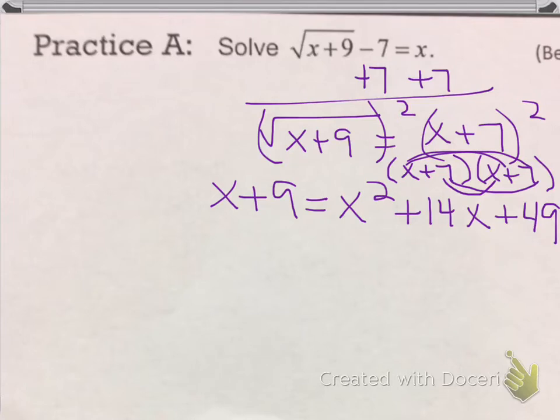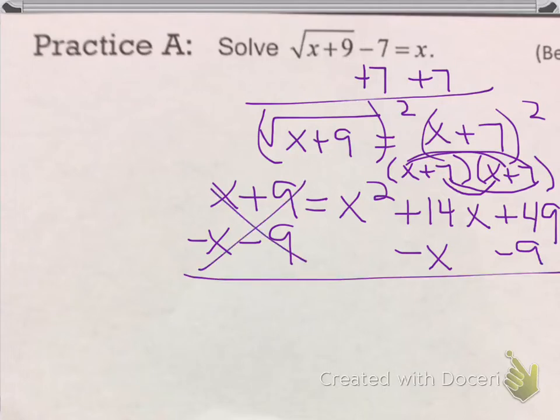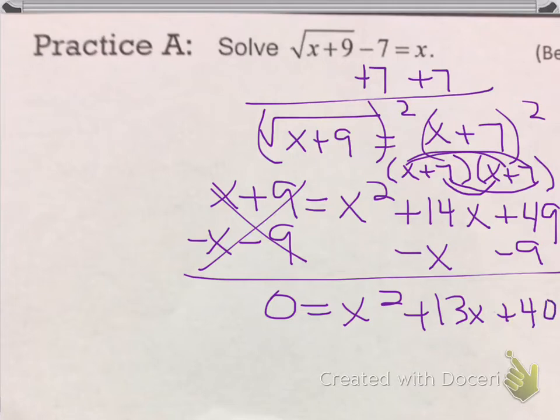All right, now that I have an x squared term here, I have to isolate and set equal to 0. So I'm going to subtract that x to the other side and also subtract that 9 to the other side at the same time to get it set equal to 0. So I have 0 equals x squared plus 13x plus 40. And I'm going to factor this.